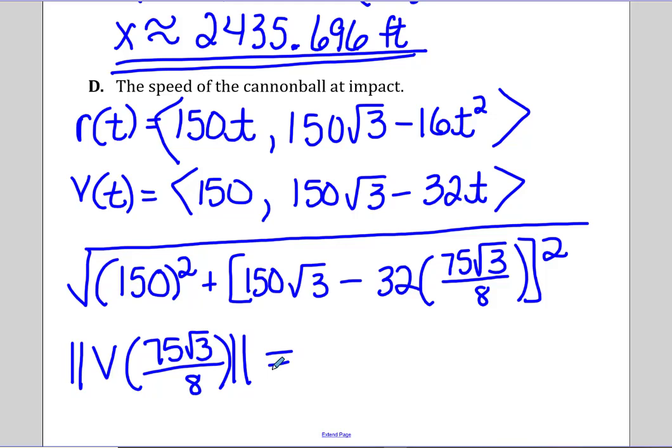Hopefully it's going to be 300. Let's see. So with our calculator, again, we want the square root of 150 squared plus 150 radical 3 minus 32 times 75 radical 3 divided by 8, squared.